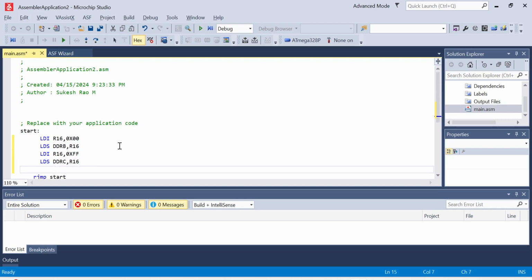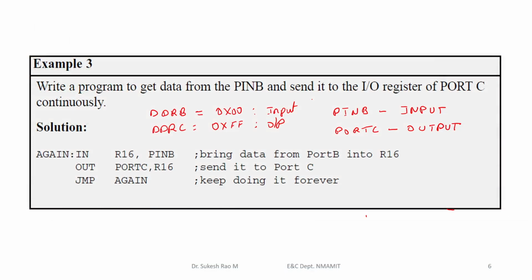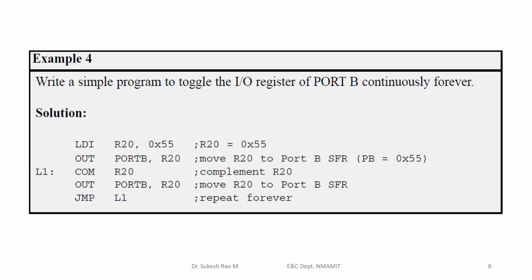What I'm going to do now is read the value as it is. I will just go back and look at this code here. Yes, I think I am supposed to use an out instruction there. So let me use that.